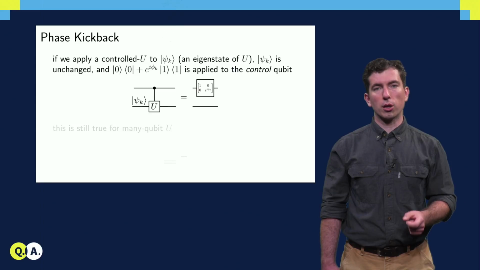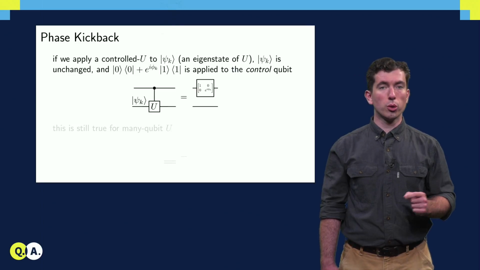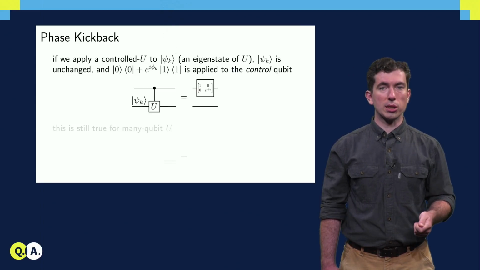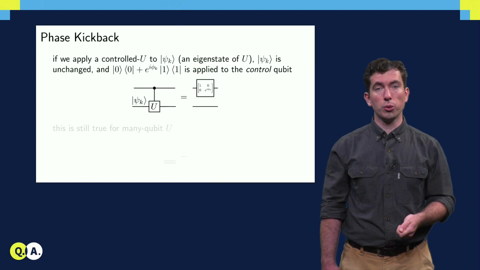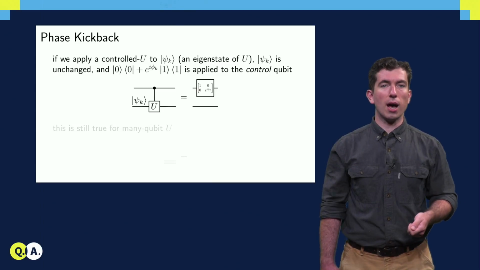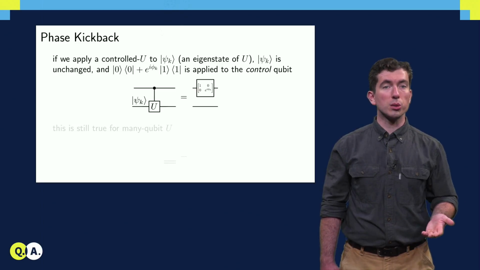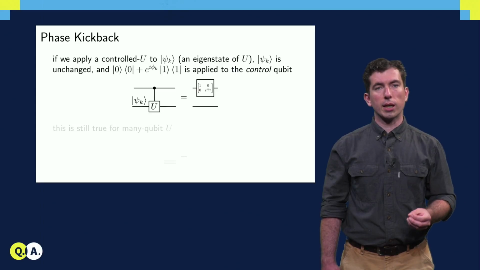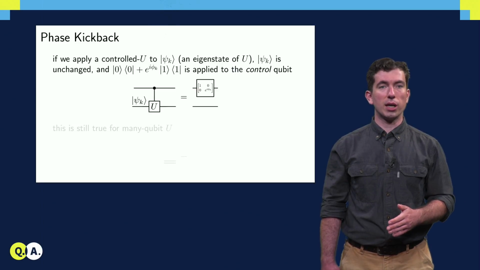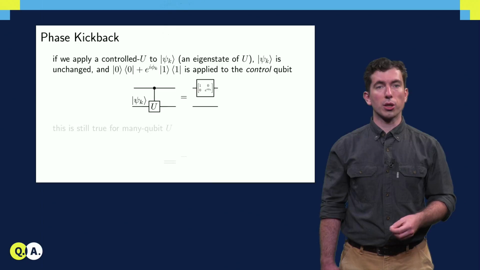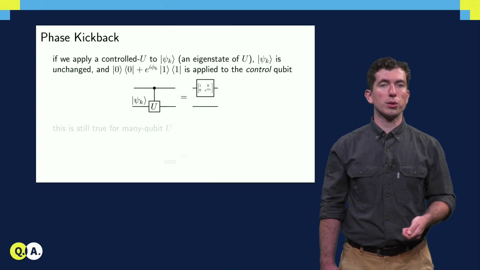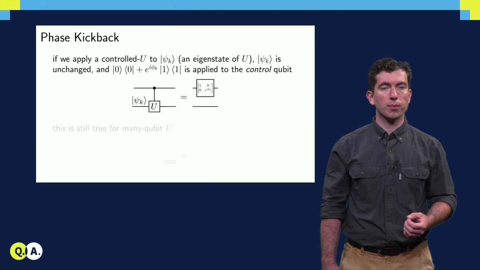If we apply a controlled U operation to a register where the target subsystem is prepared in an eigenstate of U, then U acts like the V_α operator, and the corresponding phase is transferred to the control qubit, where it can then be read out in principle. Even in the case where a single readout doesn't specify the phase exactly, this procedure can be repeated since it doesn't alter the input state ψ_k.